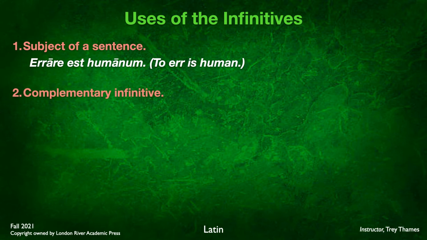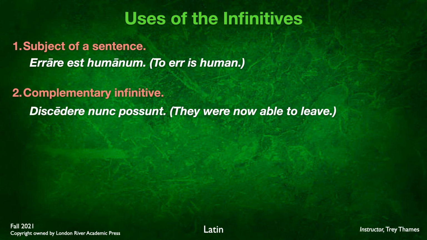All right, we've also learned about the complementary use of the infinitive. This is when the infinitive is needed to complete the idea of the verb, most frequently used with verbs like possum, audeo, to dare, debeo, debere, to owe or to ought. These require the complementary infinitive.